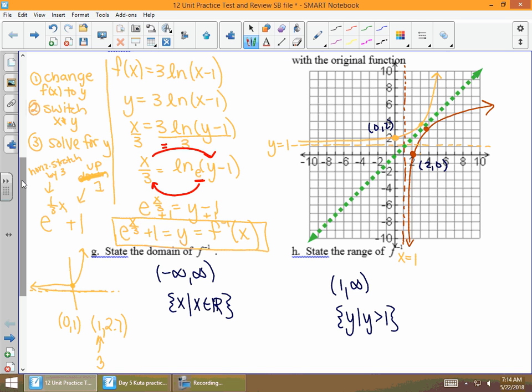These guys are switched. Our domain and range are switched as well. The domain of our original function is the same as the range of our inverse.